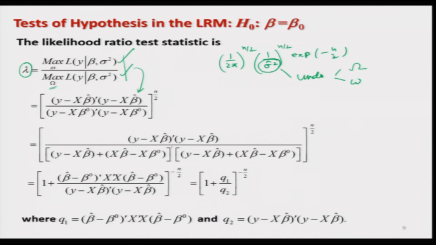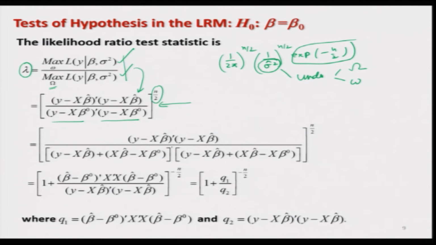And when you take the ratio, this part, exponential of minus n by 2, will get cancelled out from the numerator and denominator. So, you are getting only the quantity (y minus x beta hat) transpose (y minus x beta hat) divided by (y minus x beta naught) transpose (y minus x beta naught), to the power of n by 2, right.